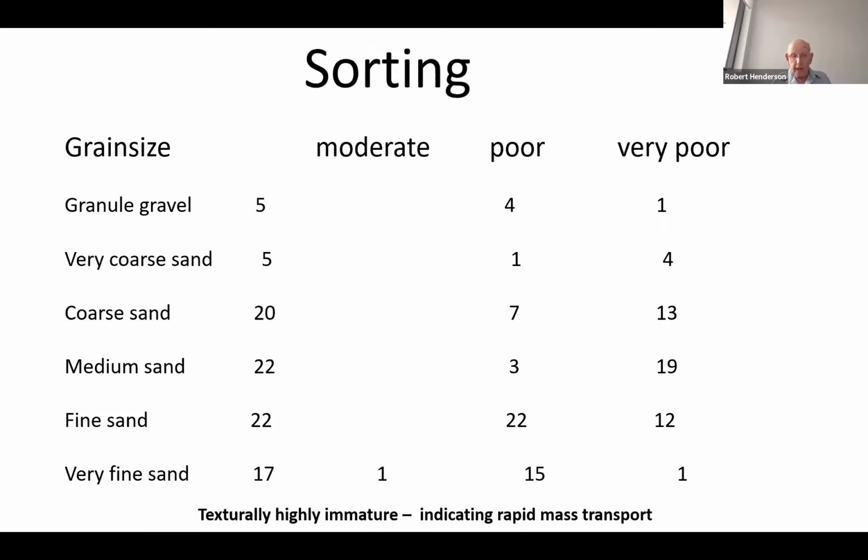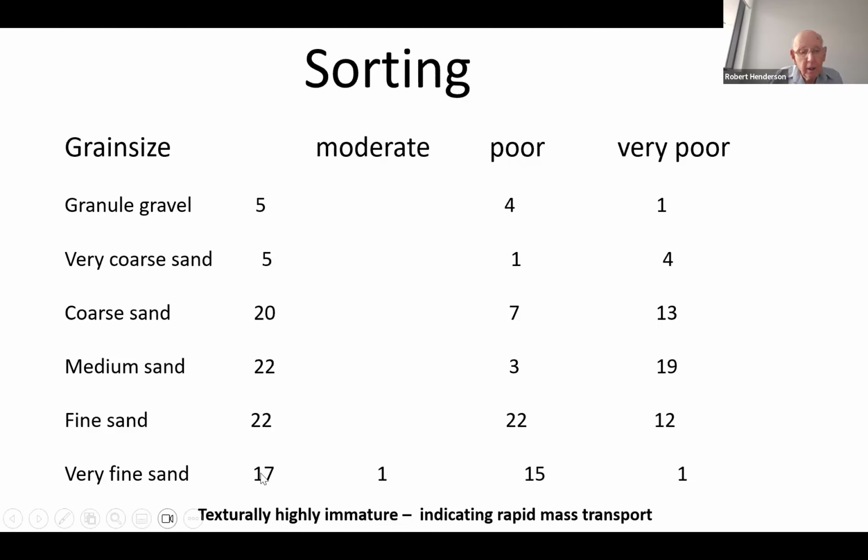Let's just have a look at what the sorting is like in those samples that Max took of the Campaspe, and you can see that the sorting in the samples he took is a good deal less than average, very poorly sorted for most samples, a lot poorly sorted, moderate sorting, just one.